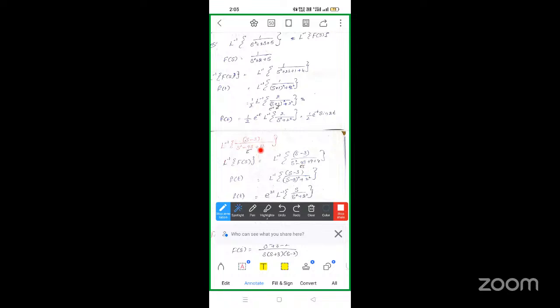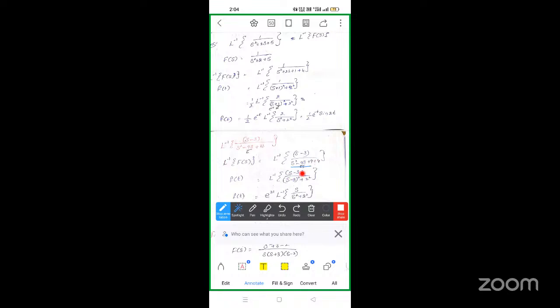So 13 can be written as 9 plus 4. Why? Because the first three terms we can write as (a plus b) whole square. So that's why we can split the 13 into 9 plus 4: s square minus 6s plus 9 plus 4.